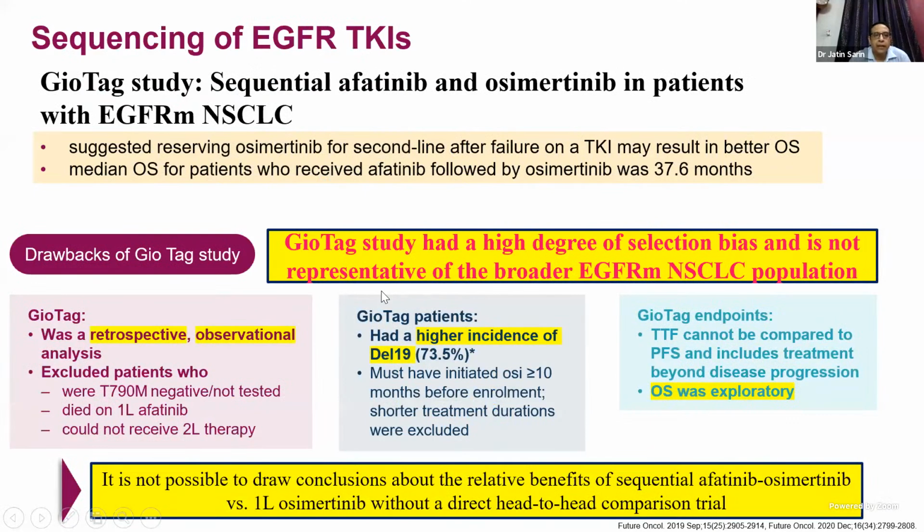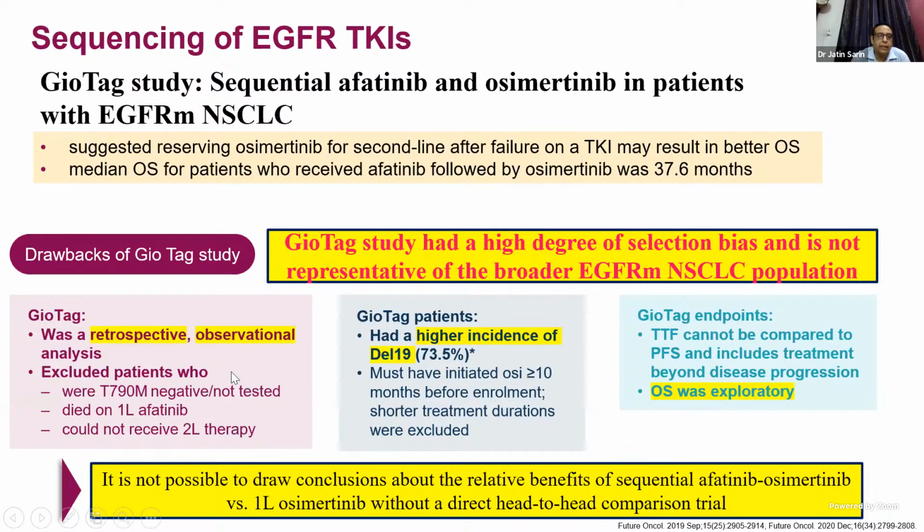So this was a big study in the afatinib group, where they said that this GioTag study led to a better OS as compared to osimertinib, which was 38.6 months. But there were some inherent flaws in this study.